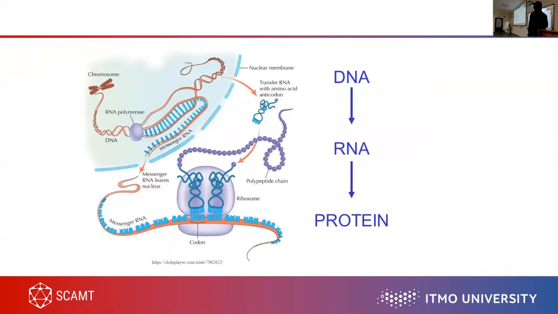So let's take a look at a picture with more detailed gene expression. As you can see here, the information about the gene is encoded into the DNA, and after that is going to be translated into mRNA.